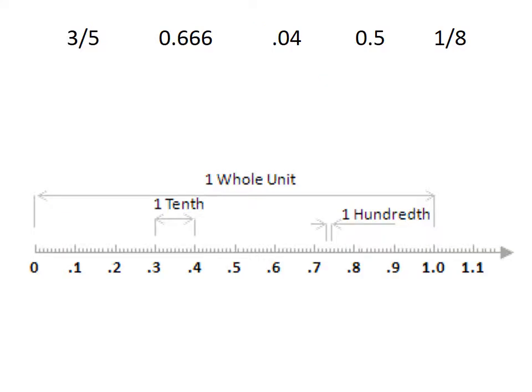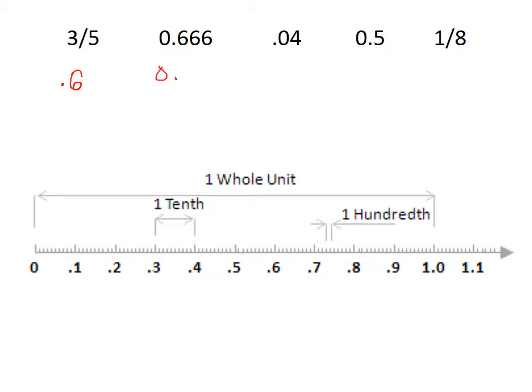Okay, so here we go with some calculations. We have to put these on a number line. And starting with 3/5, you could easily type this into a calculator. Okay, so if you type this into a calculator, you would get 0.6.